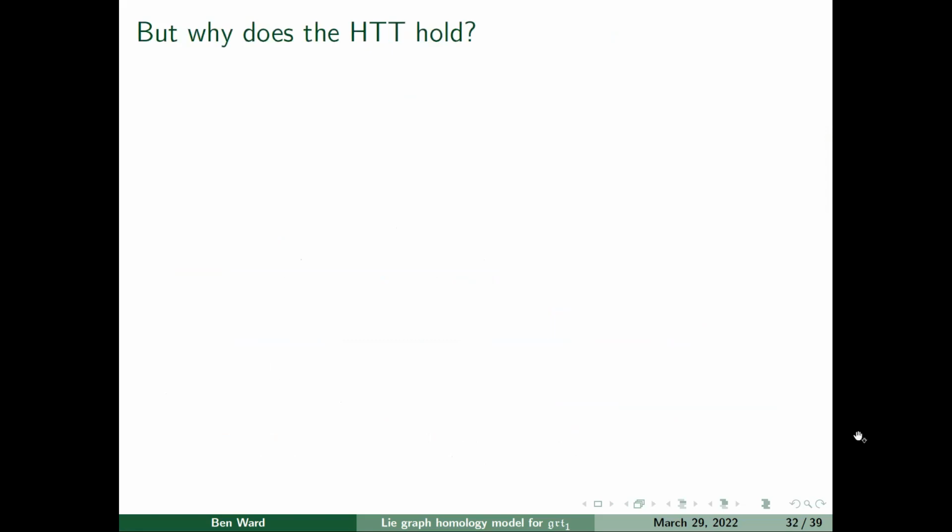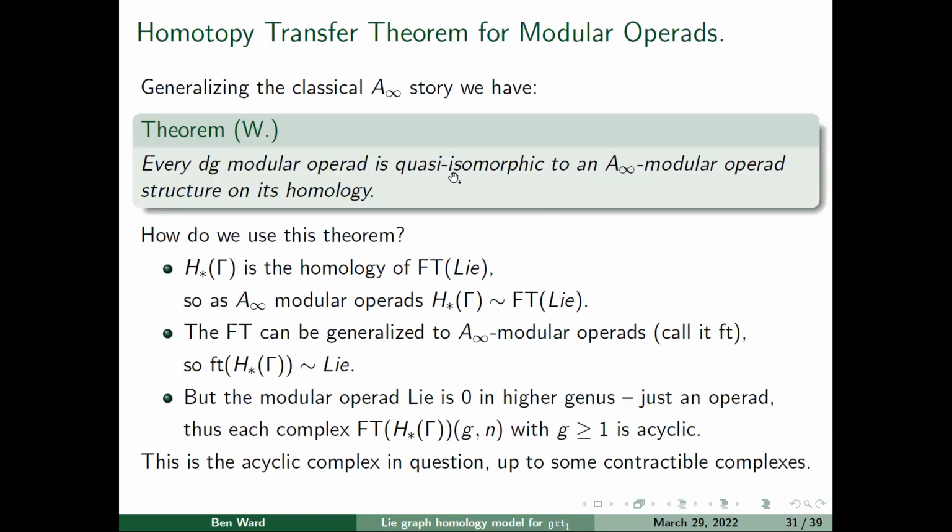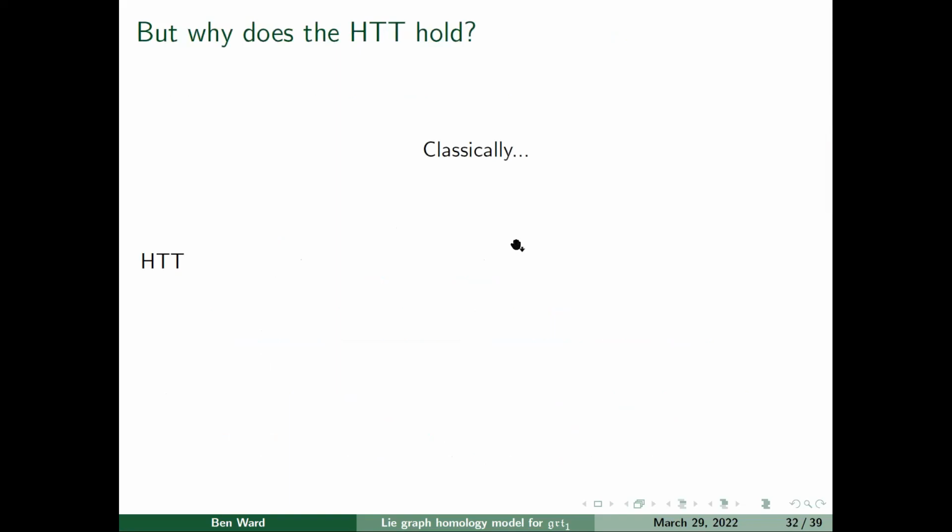Well, okay, maybe I have time to peel back one more layer. Why does the homotopy transfer theorem hold? Like I just told you that we do our computations using this homotopy transfer theorem. Why does this hold? Classically, the story is that the homotopy transfer theorem holds because the associative operad is cofibrant, so associativity has some nice property. Well, why does that hold?